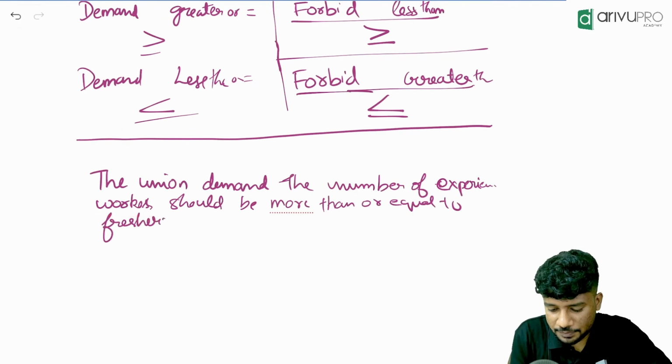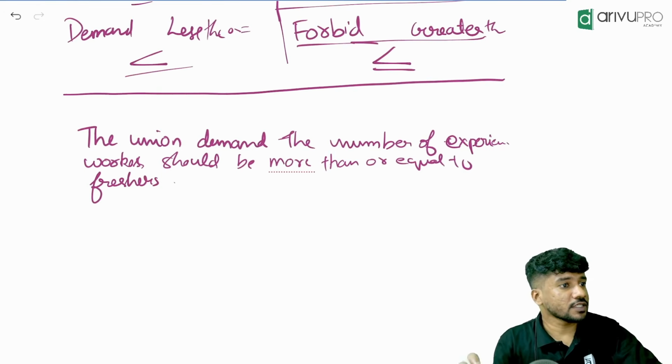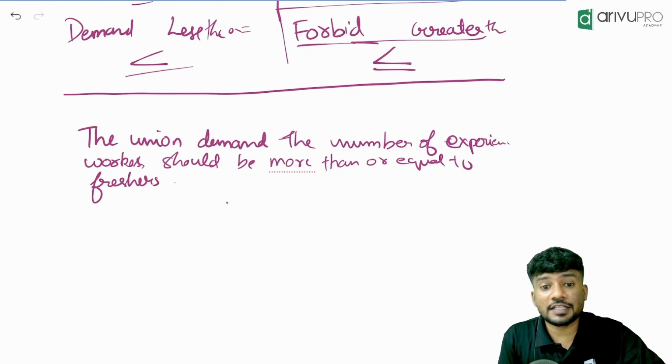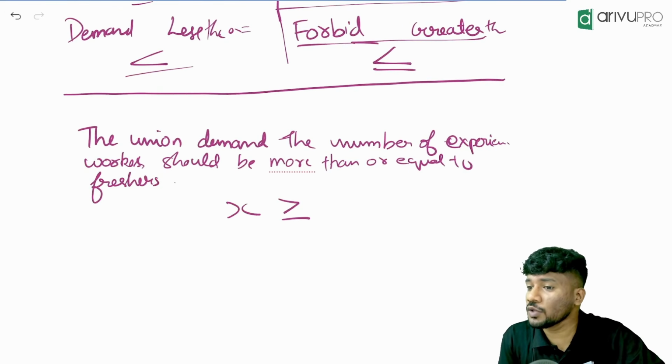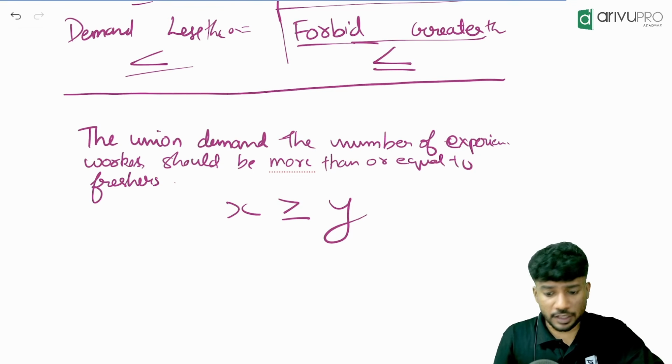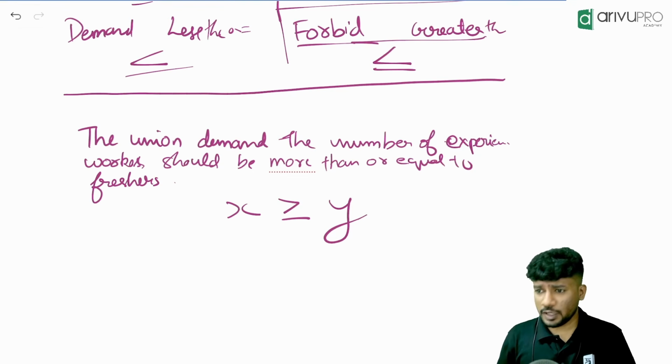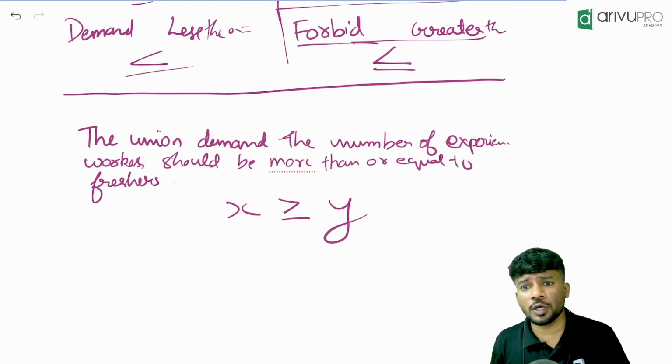How will you write it down? Can you tell me? Yes. So you will write it as x is greater than or equal to y. Directly you can write it. What if it is like forbid? You will write it x is less than or equal to y.